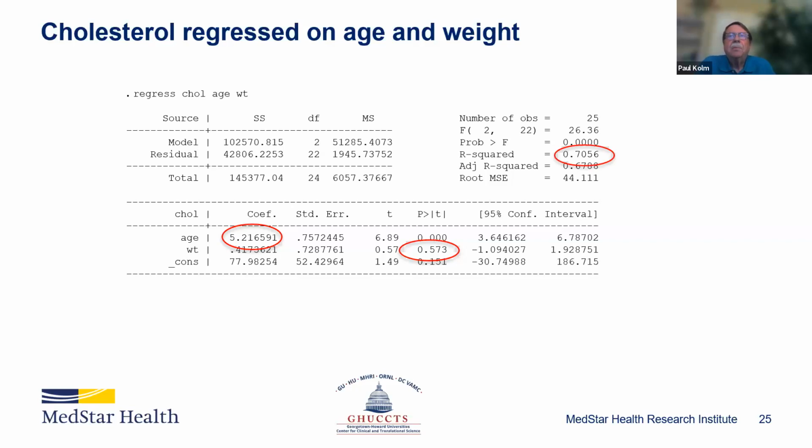It hasn't changed that much from just age by itself. So there's a couple things we could do. One is that if we were looking at a prediction equation here for cholesterol, we don't really need weight. Age would be sufficient all by itself, so we could drop weight out of the equation.